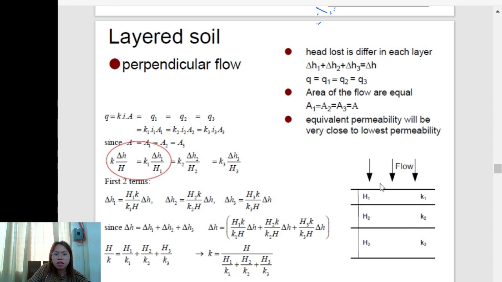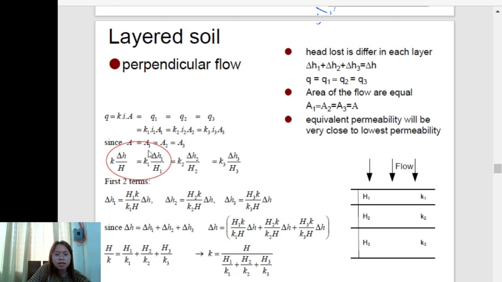So in this layered soil, still, the basic concept is that Q is equal to KIA, but the same Q for each layer. So this Q1 is equal to K1 I1 A1 and also equal to K2 I2 A2 is equal to K3 I3 A3.